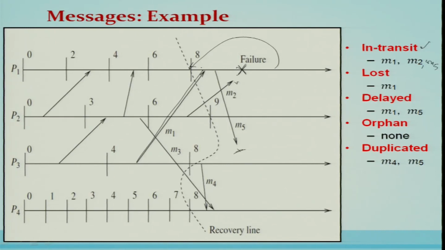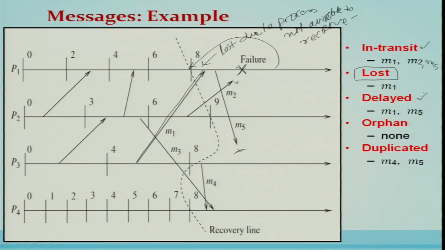The process will not be there to receive it. Hence this is called a lost message, due to the process not being available to receive it, due to the failure or maybe some other reason.